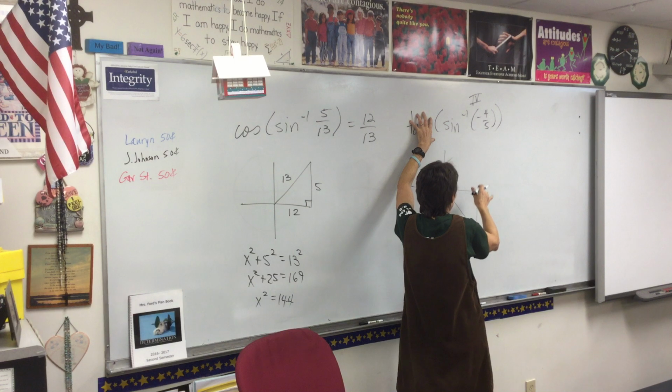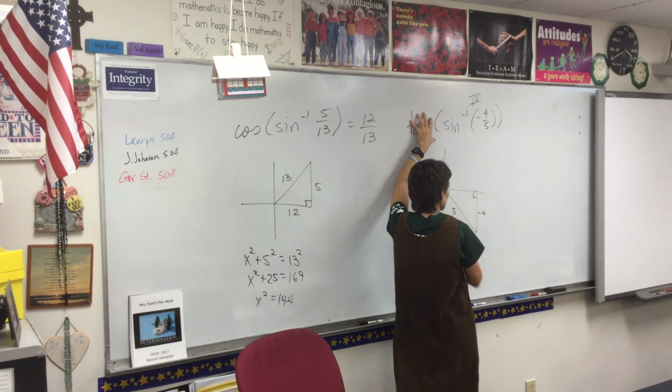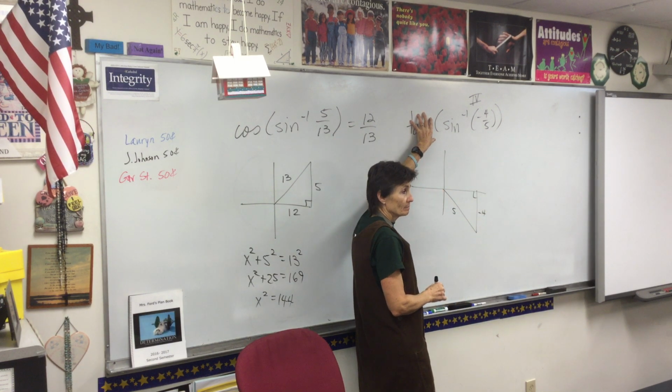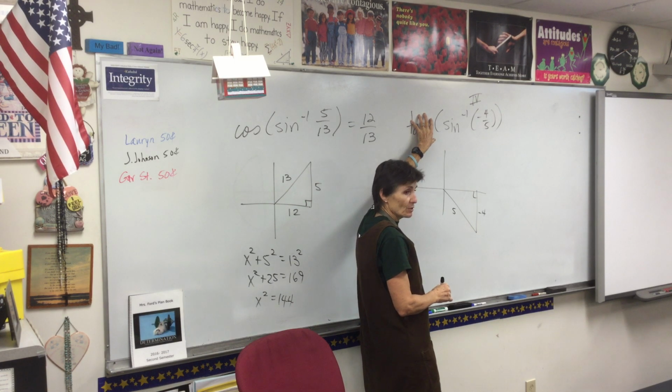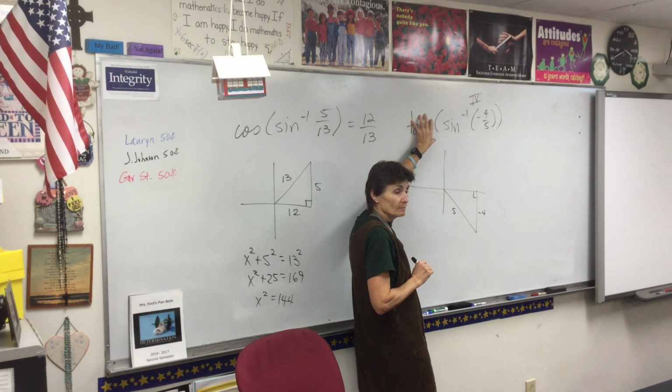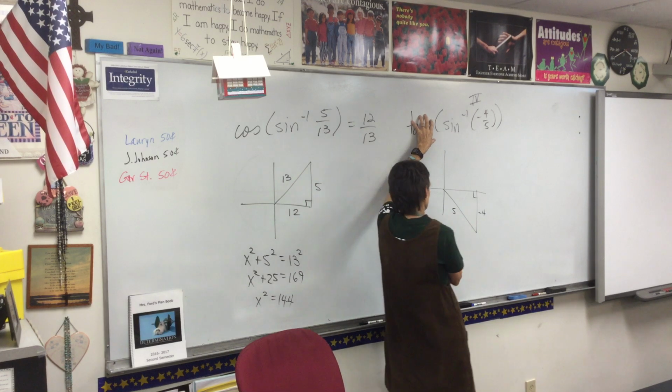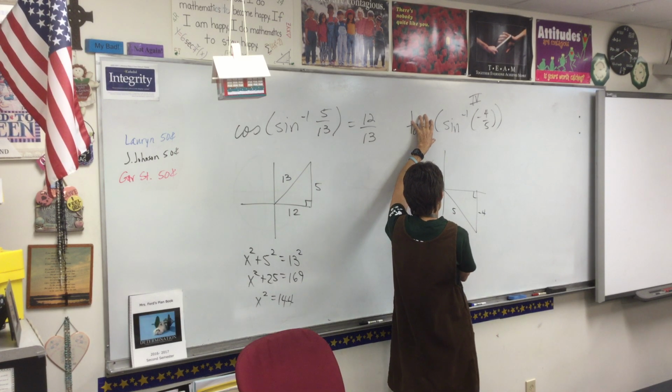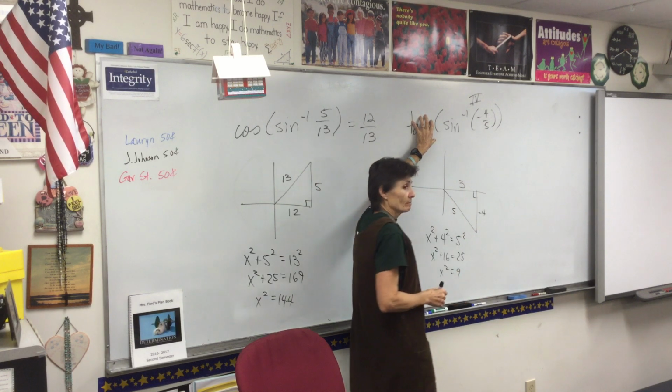I need my sine to be negative 4/5. Now what do I do? Some of you are frantically writing. What are you doing? You're figuring out the other side? Yeah. Did you get 3? Of course.